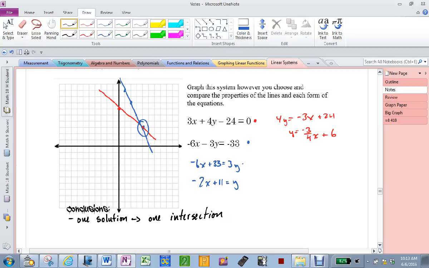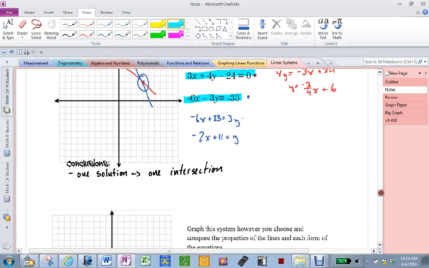Okay, and what is it of this system, which I'm going to highlight in blue, that guarantees us one intersection point? They both have a variable x and y. Okay, but every line has an x and y. They're both straight lines, excellent, but what guarantees they're going to cross? Different slopes. So the different slopes for different folks.